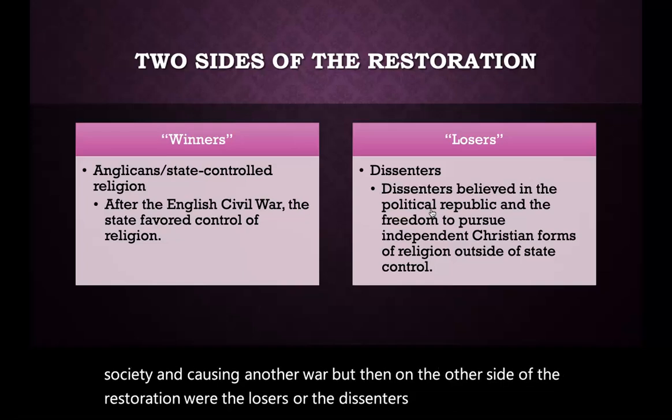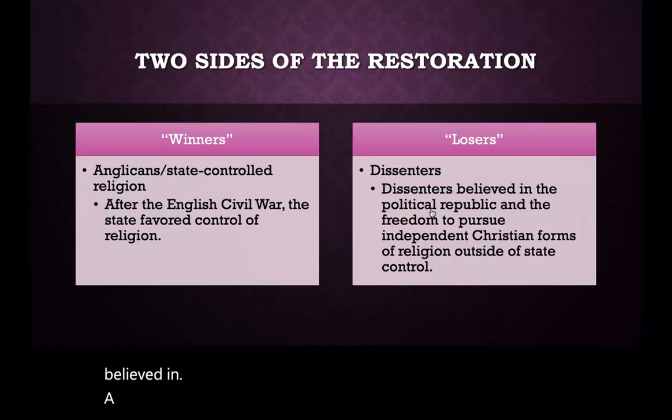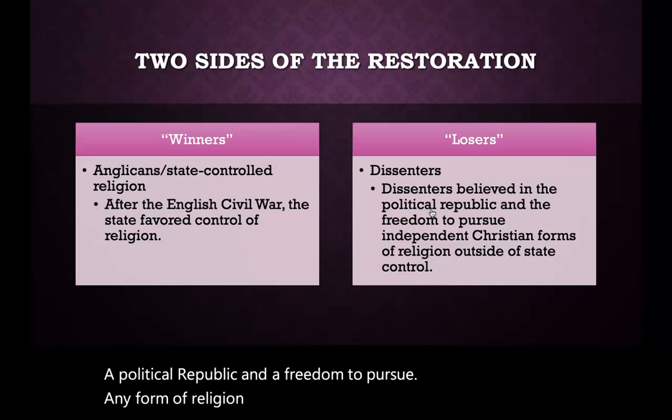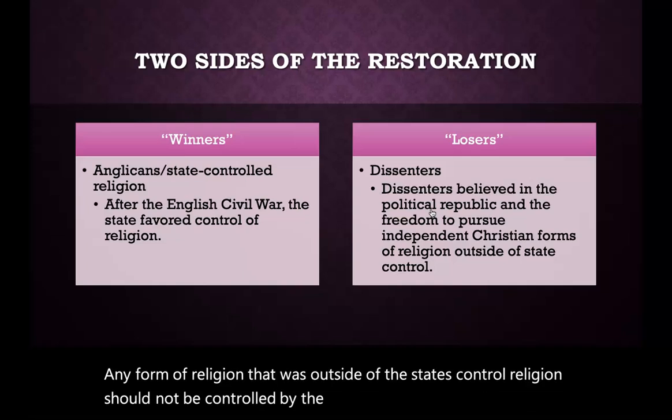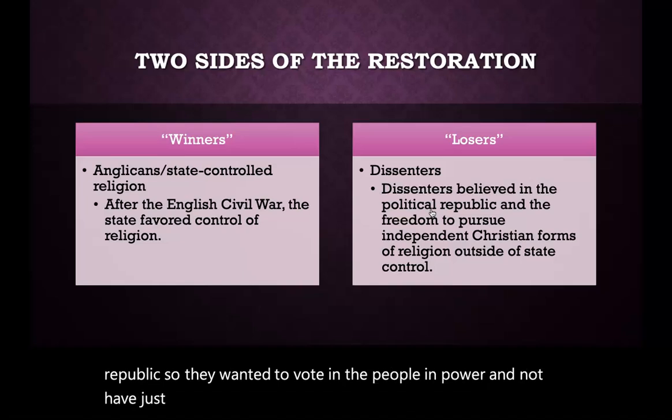These dissenters believed in a political republic and a freedom to pursue any form of religion that was outside of the state's control. Religion should not be controlled by the state. They wanted to vote in the people in power and not have just one king and then that king's son be king and then that king's son be king.